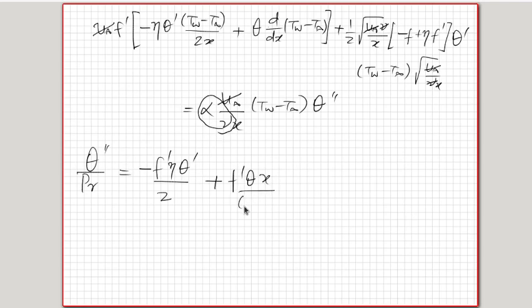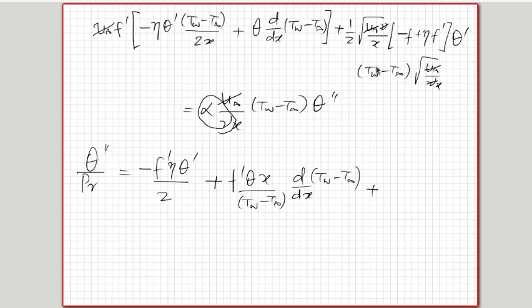x divided by t wall minus t infinity multiplied by d by dx of t wall minus t infinity. Is that right? Yes.